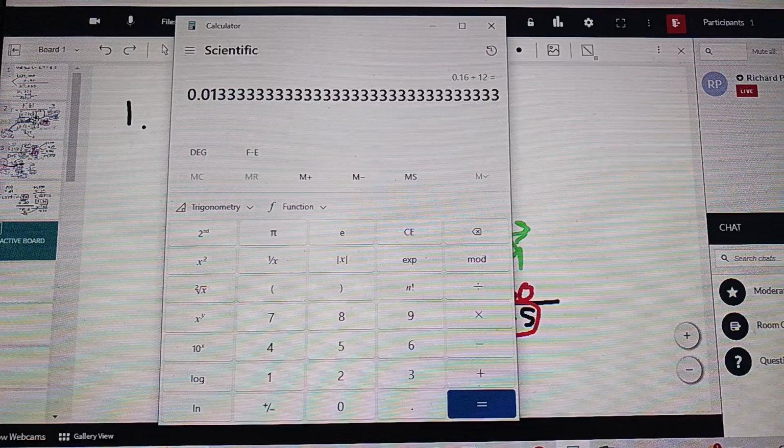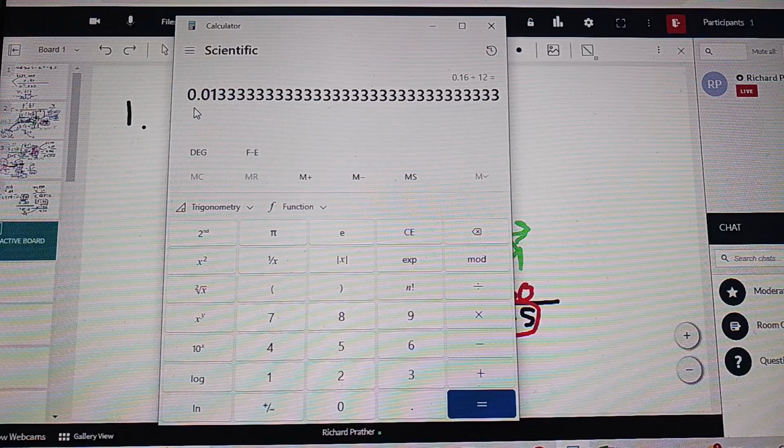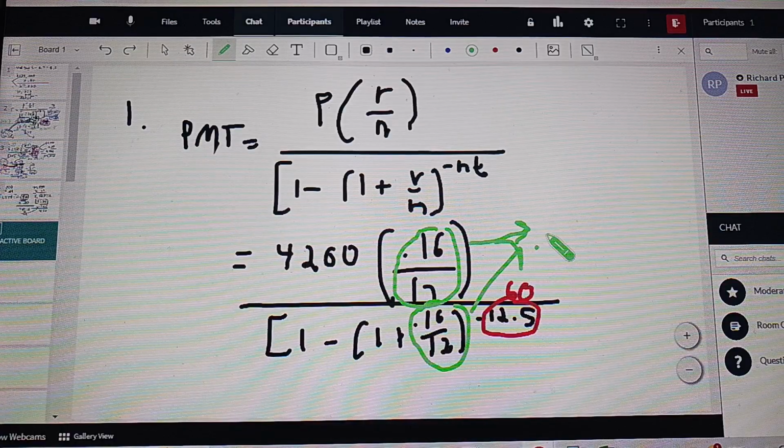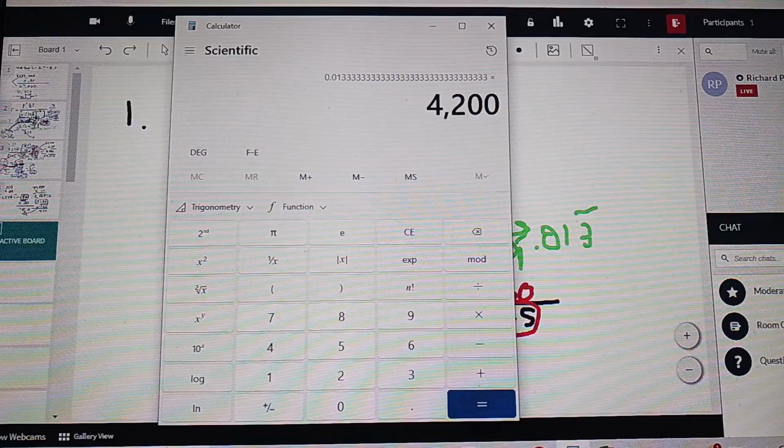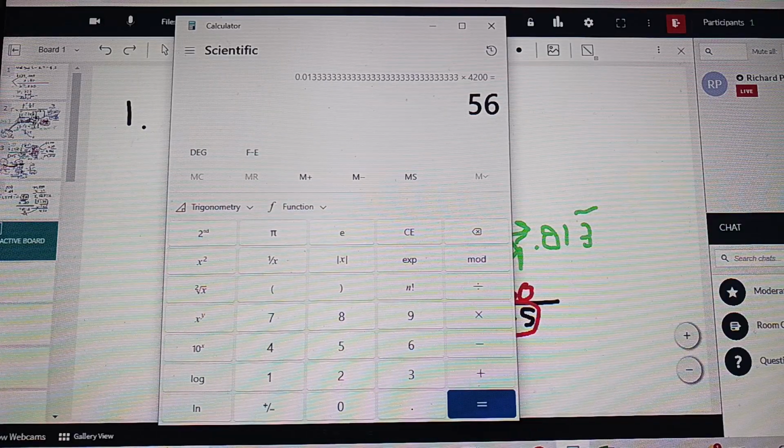I thought it would come out nicer than that, but 0.013333. So just like the house payments, I'm going to multiply by the top right away because it's all set to go. So the numerator is going to be a nice $56.